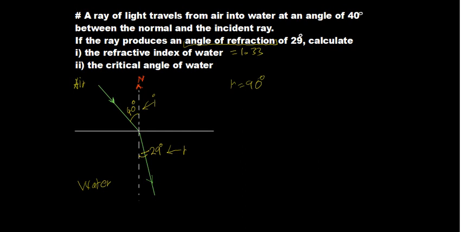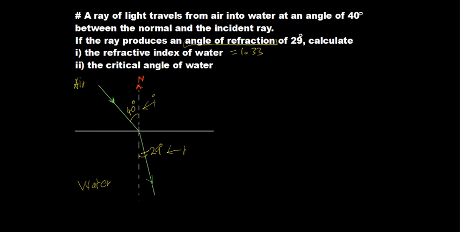So when the angle of refraction is equal to 90 degrees, the critical angle is equal to what? The angle of incidence. The angle that you have when R is 90 is what is called the critical angle, and that is what we want to find in this case.